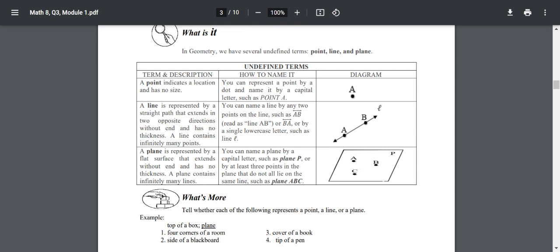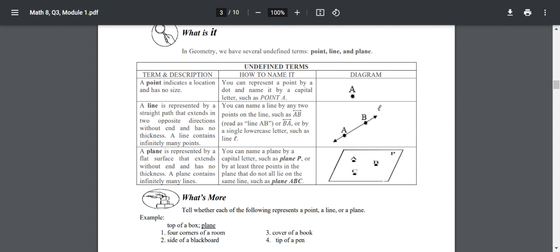A line extends in two opposite directions without end. It extends infinitely and it contains infinitely many points. So within the line, there are many points.